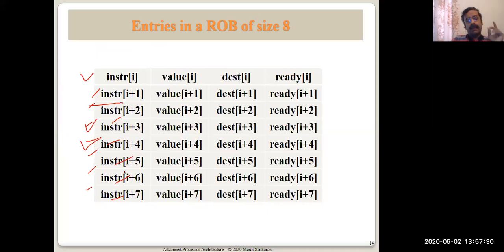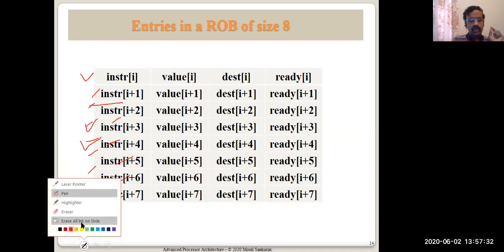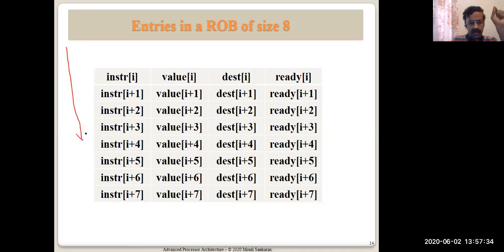Anything can be there. So you are just storing it in the order in which the instructions came in. What you store is the actual instruction, and then the value, which is not an operand value but the computed value, and which register it is supposed to be written into.